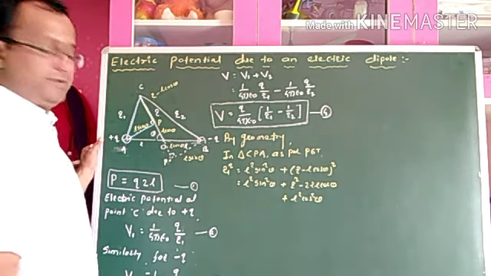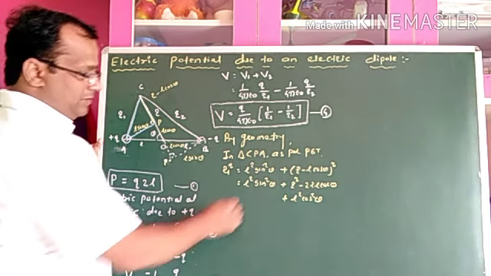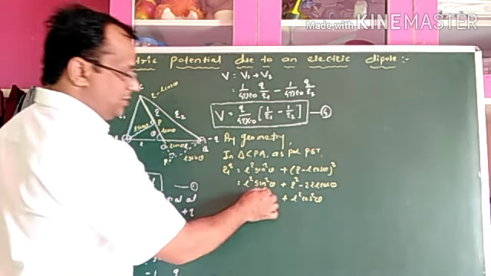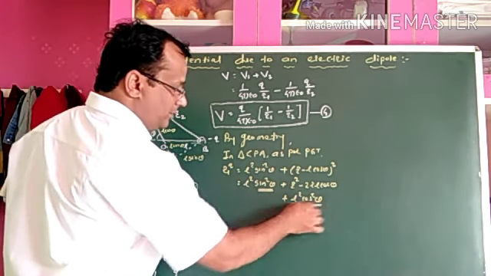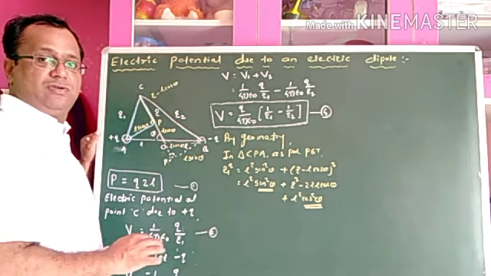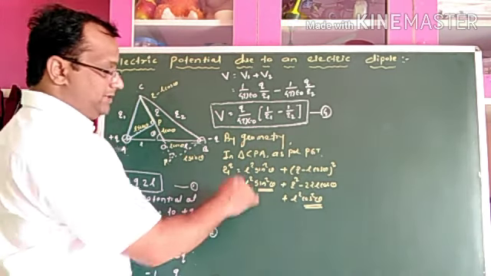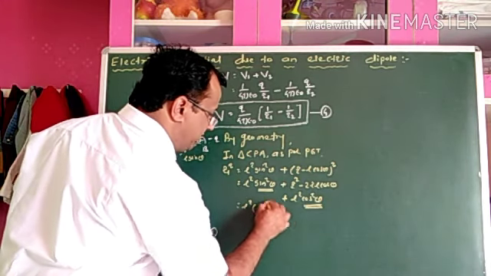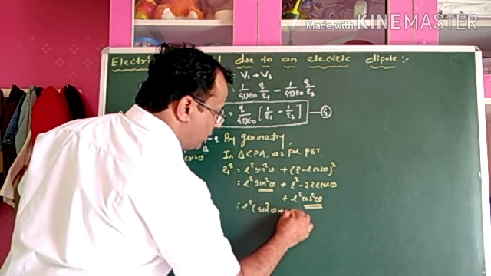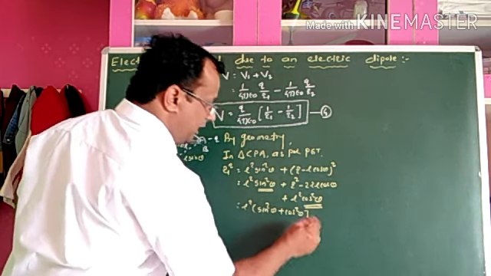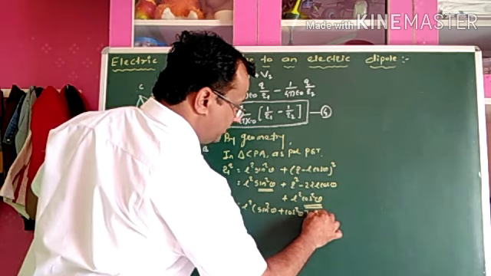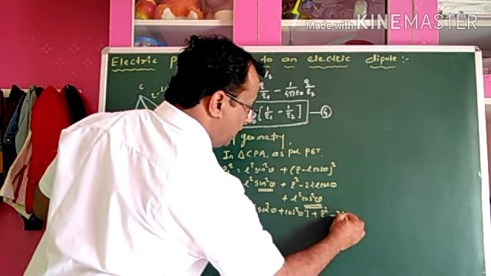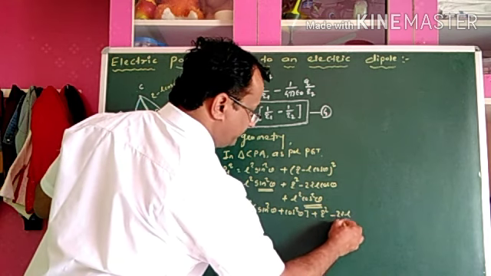So we get this equation. See here, this will be L square sin square theta, and this will be L square cos square theta. From these two, L square is common, and inside the bracket we get sin square theta plus cos square theta, then the remaining terms plus R square minus 2RL cos theta.